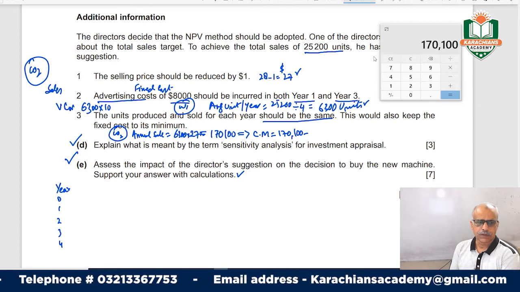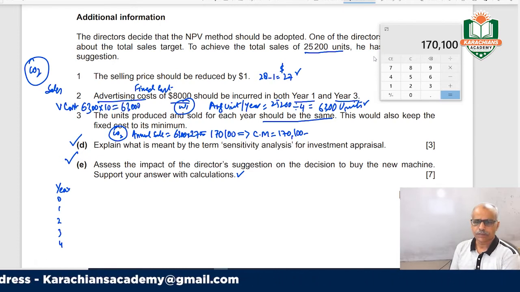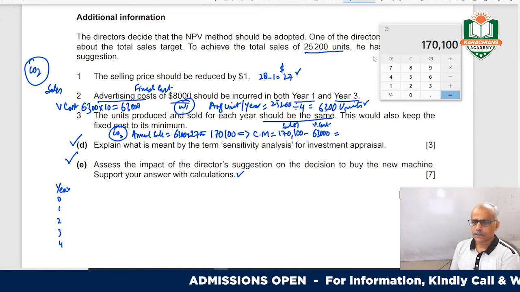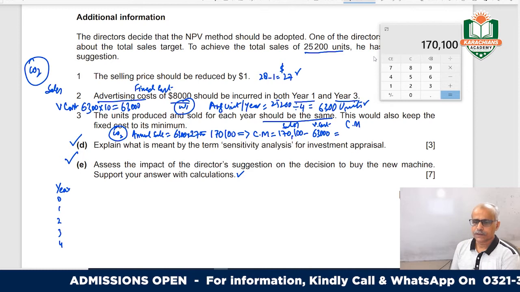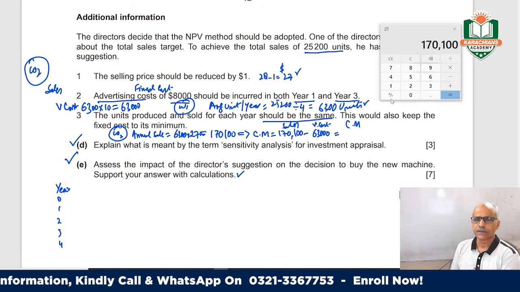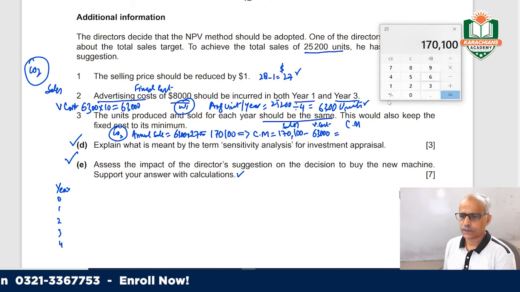Your variable cost will be 63,000. Then you deduct 63,000 variable cost from sales, and the contribution margin will be the total contribution. This is not per unit, this is the total contribution margin, 107,100.